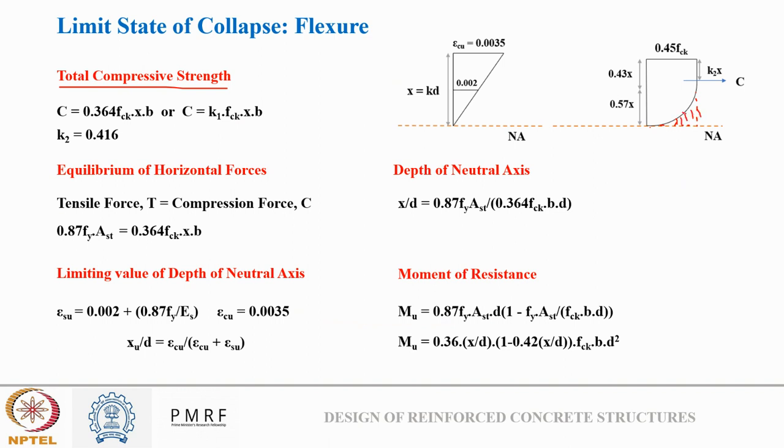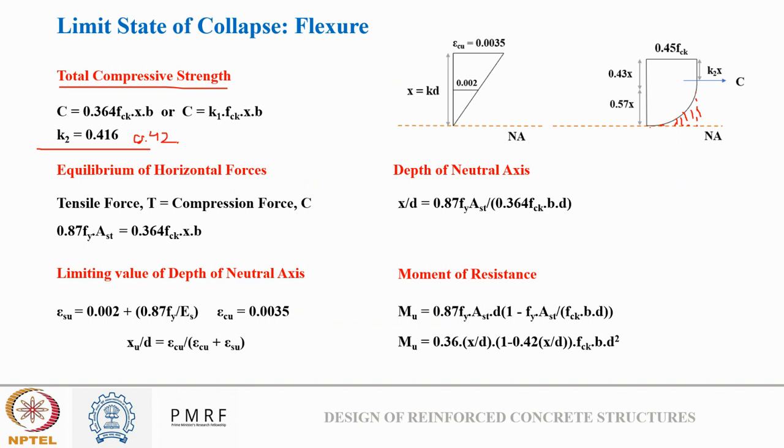Once we got the compression area, we got the compressive force. Now we need to know where this compressive force is acting. That was assumed to be at a distance k2x from the top fiber. How did we compute k2? By balancing the area moment. So we got the k2 value as 0.416, or generally we take it as 0.42.